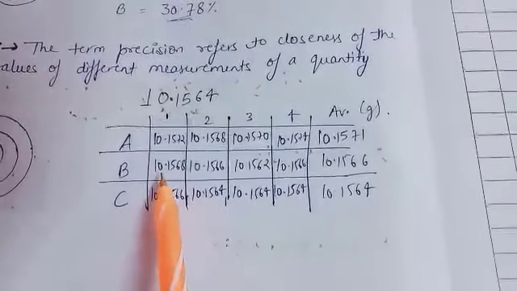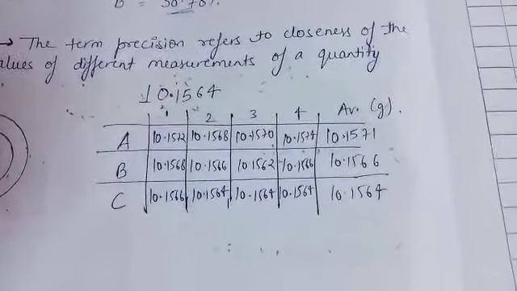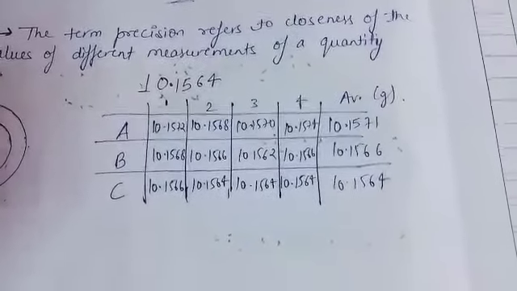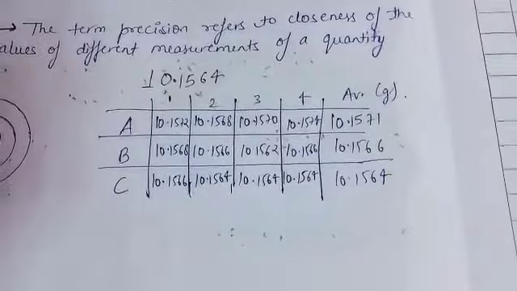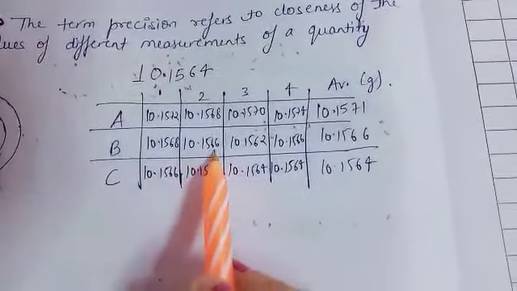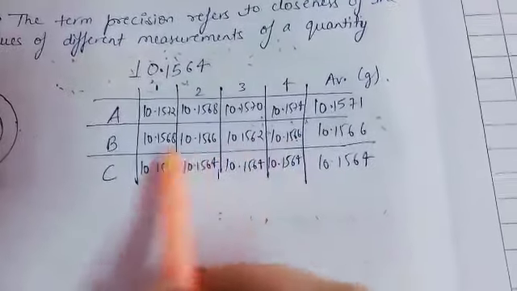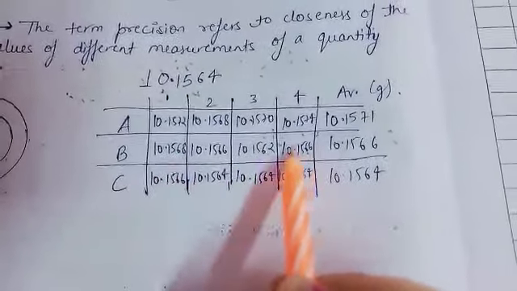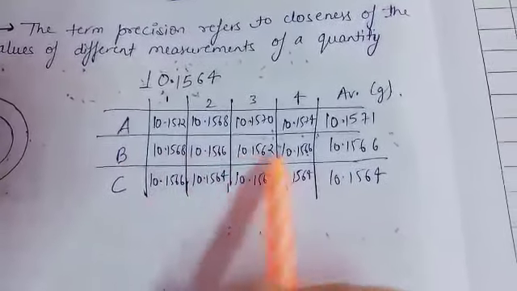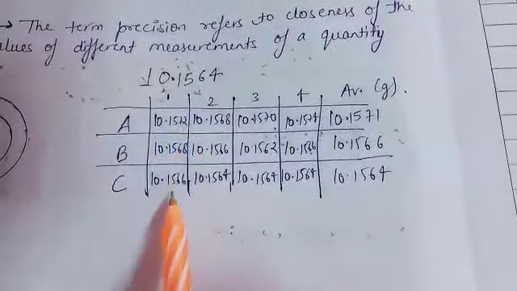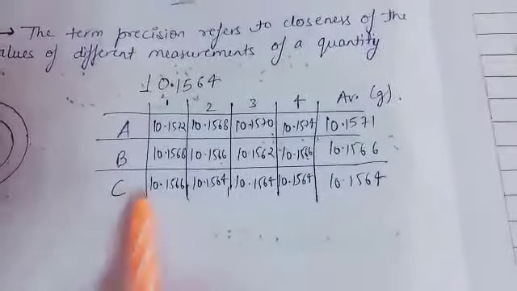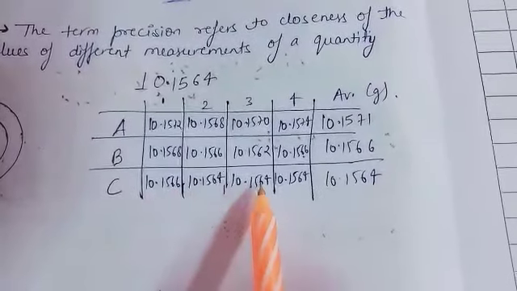But B is more precise because the measured values are more close to one another: 68, 66, 62, 66. It means the measurement of B is more precise as compared to A. In case of C it's 66, 64, 64.